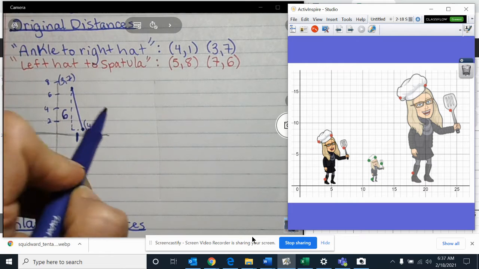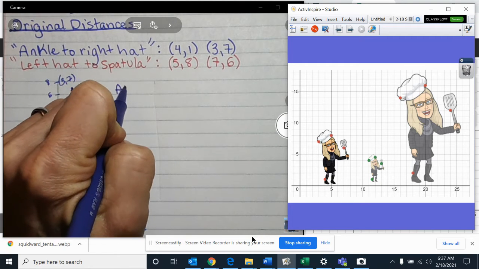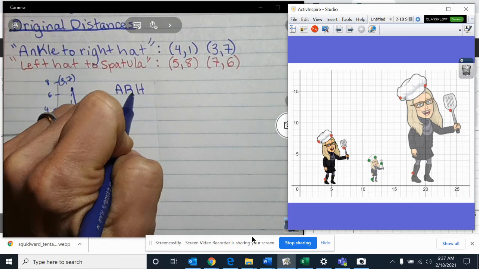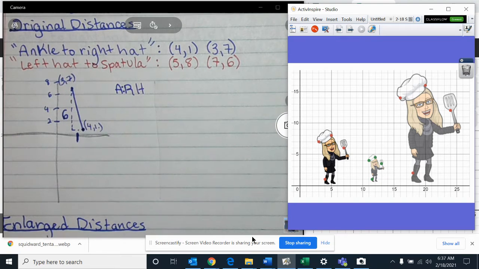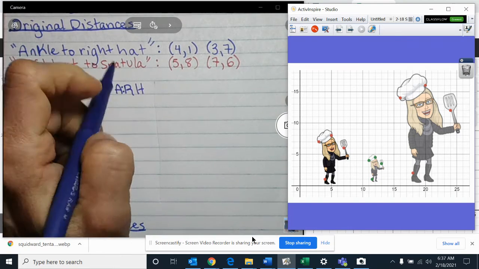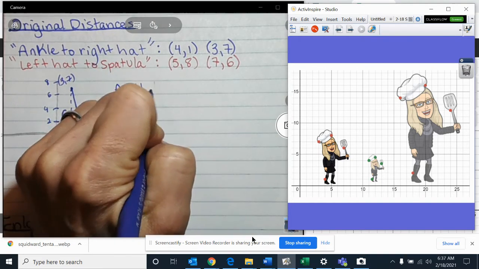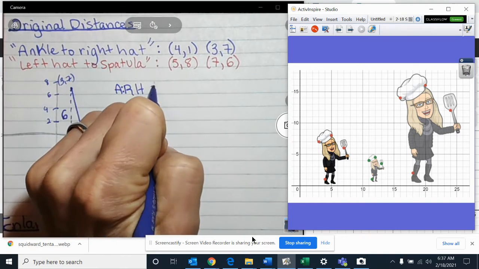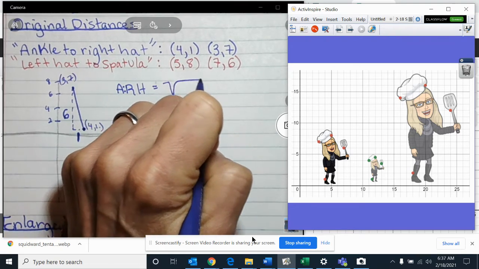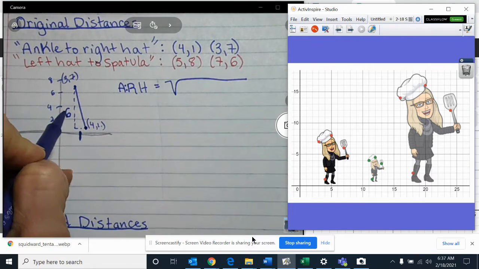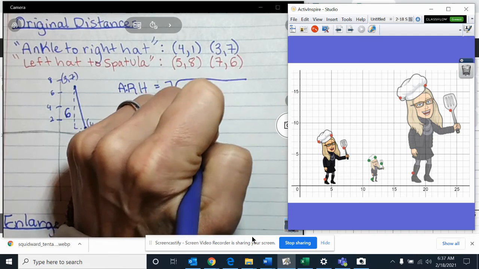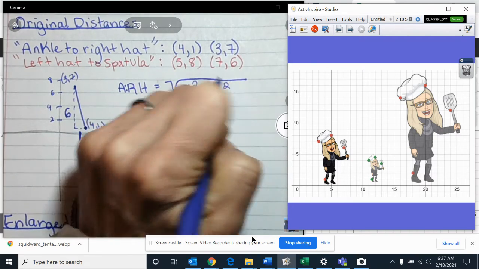So from the ankle to the right hat, ARH, we are going to take the square root of 1 squared plus 6 squared, finding our hypotenuse.